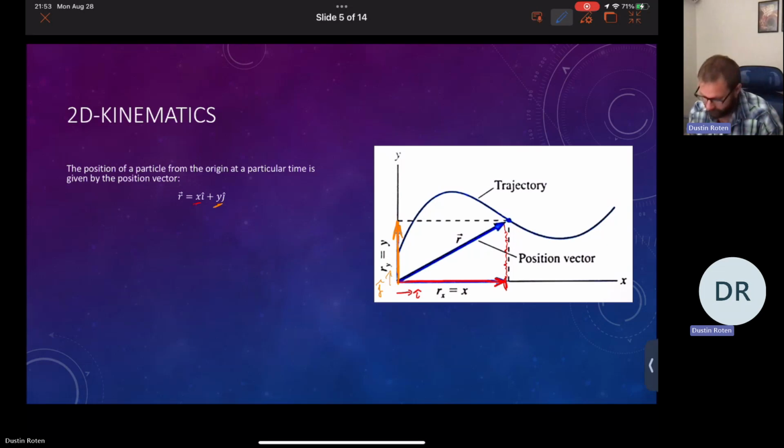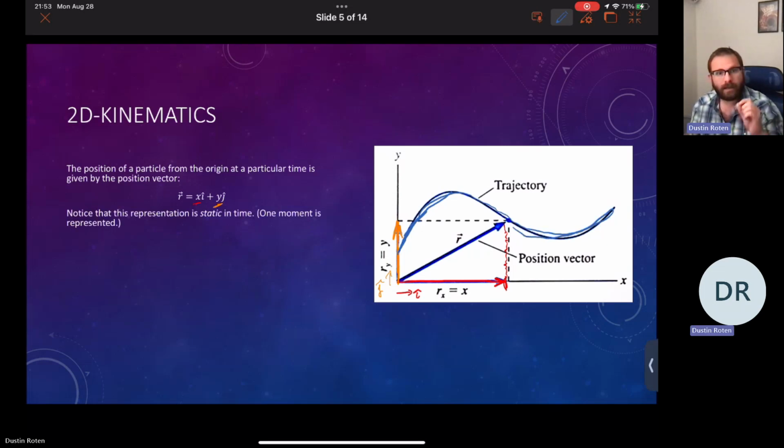We're using the point particle model, so this object is just traveling along this trajectory. And you'll notice that this x and y is a representation that's static in time. This is just one moment, at position x and y. So here are our coordinates.